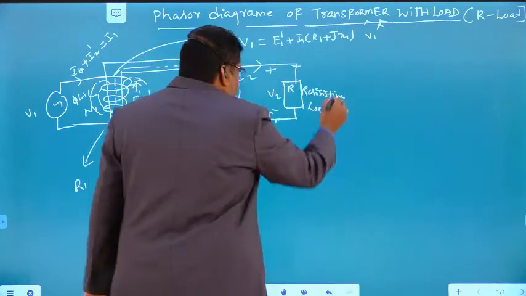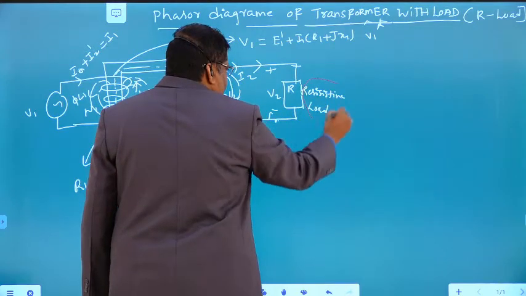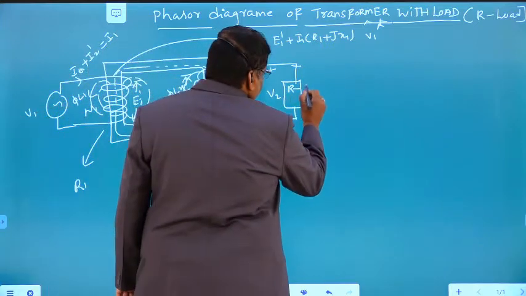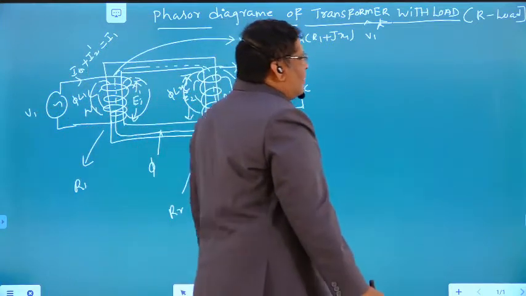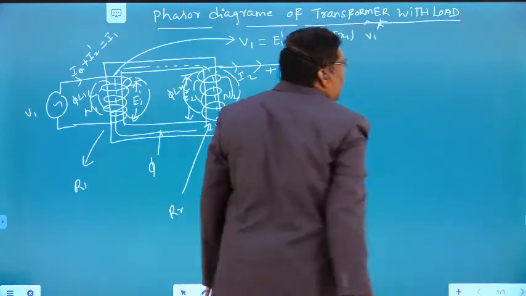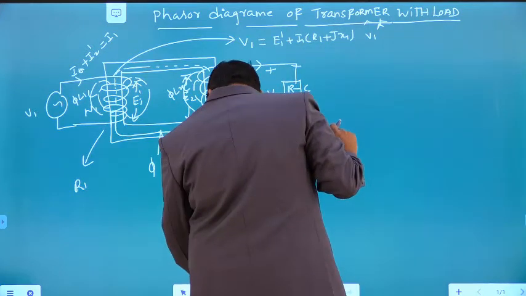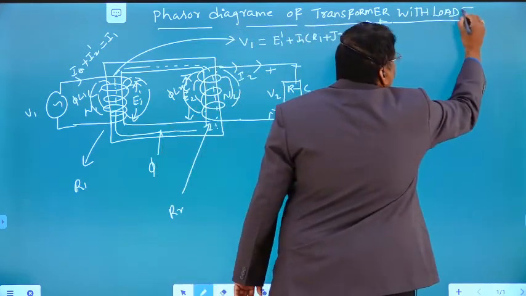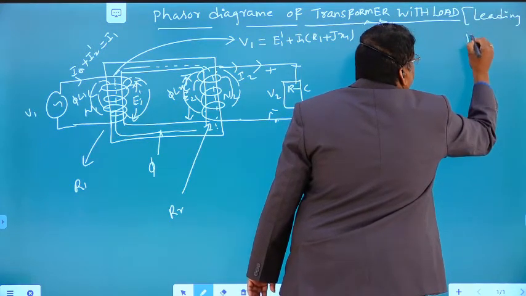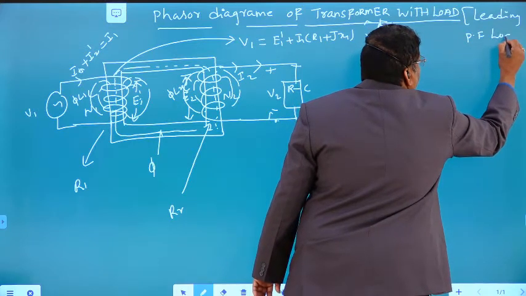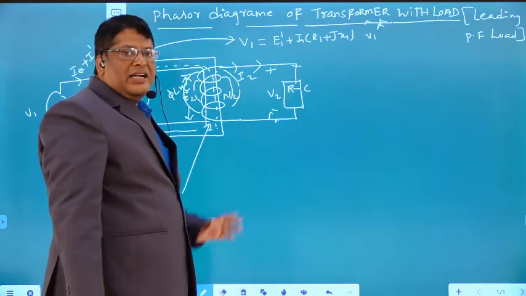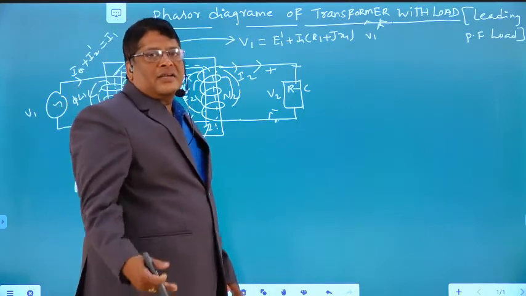Here we are assuming that we have connected an RC load, a leading power factor load. With an RC load, the current leads the voltage V2 by some angle.